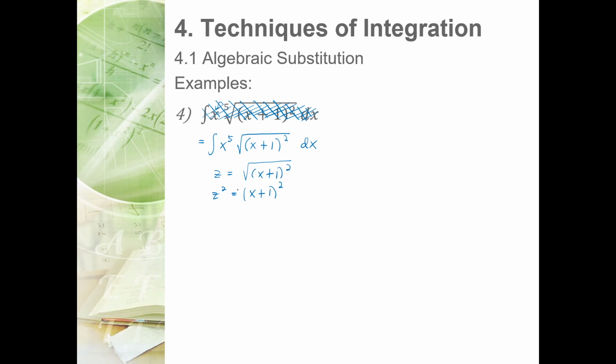Next, we're going to have 2z dz, then this one is 2 times (x plus 1) dx. Okay?